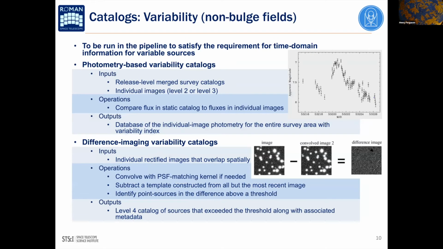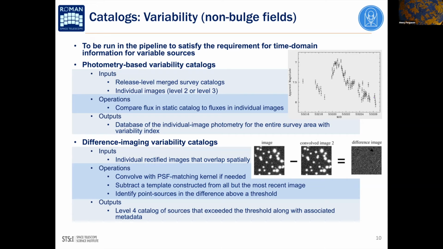Of more relevance to this conference are the variability catalogs. There'll be 2 classes of these photometry-based variability catalogs. In some sense, you're measuring the photometry on an image that hasn't been subtracted, no other image has been subtracted.